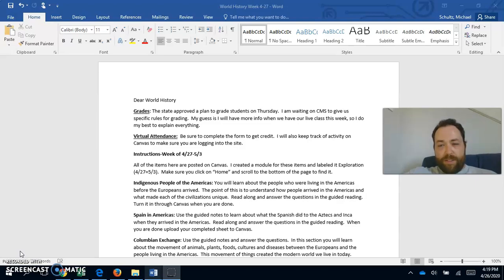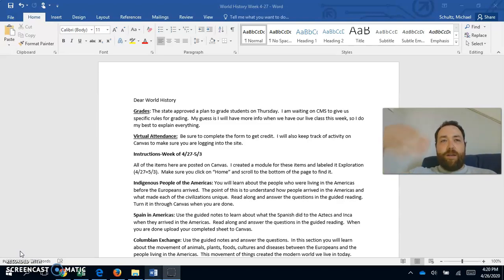The Spanish are going to wipe out the Aztecs and the Inca, and Europeans in general will kill 95% of the Native American population in the Americas in about a 400-year period. It's pretty devastating, so it's helpful to remember how accomplished these people were and how sad it is that they were ultimately destroyed.